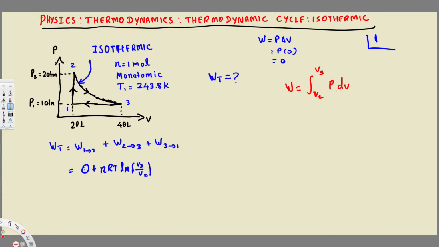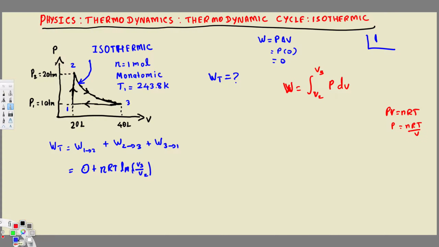If I do the integration, that's going to give us the work. So instead of writing P, what I can take is PV equals nRT, and P equals nRT divided by V. That's what I'm going to substitute instead of this P.